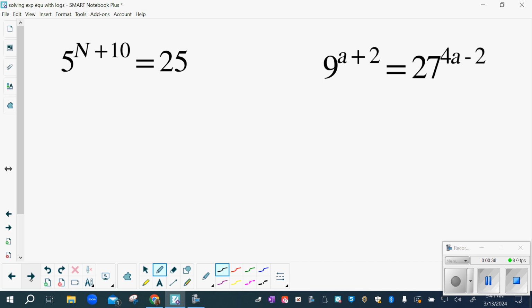We've already done these. Yeah, we get the common base. Why do I have this awful mess? Common base. Let's go. Common base. Not exactly.